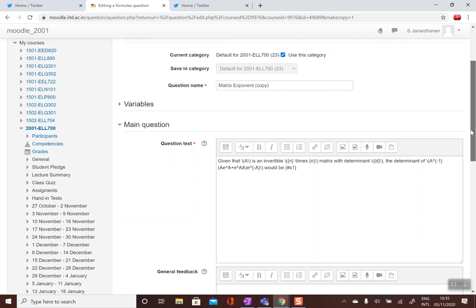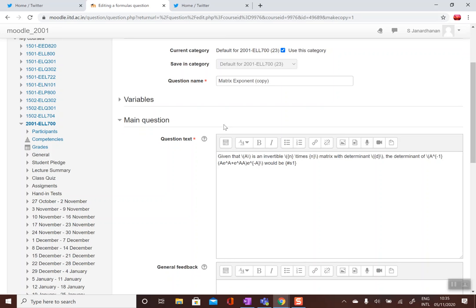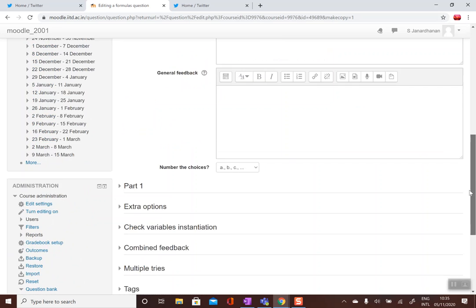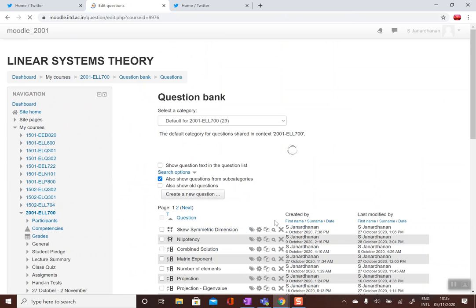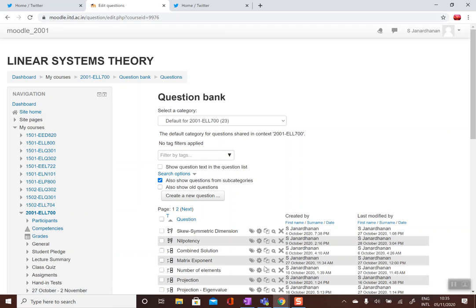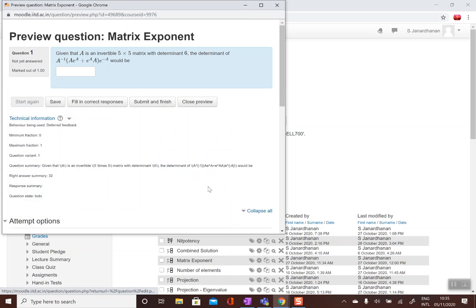Here too, let's see how this question would look. Here again you have to fill up an answer, and this answer depends upon the choices here.